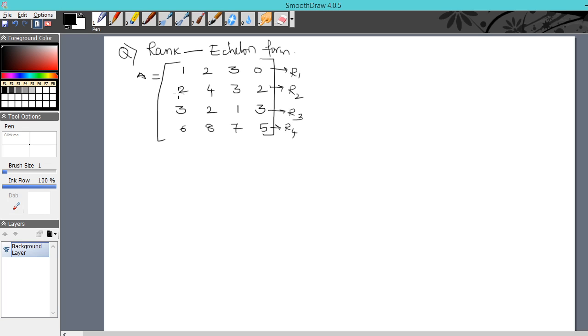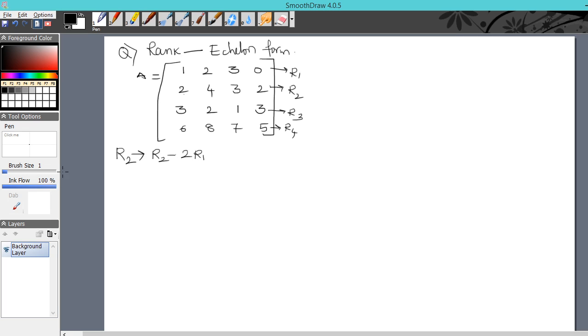If you solve it neatly, step by step, it will take a lot of time. That's why I'm solving all these 3 at once. To make each of these 0, I'm using R1. So I'm doing the operation on R2: R2 tends to R2 minus 2R1.